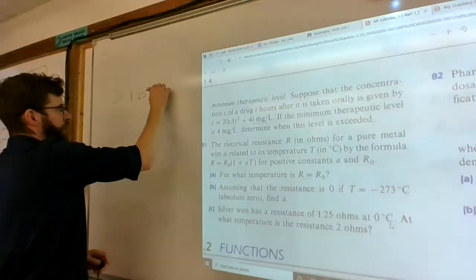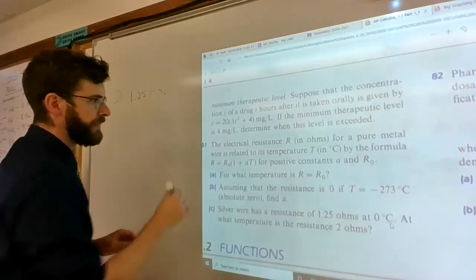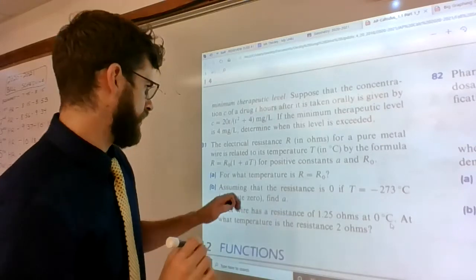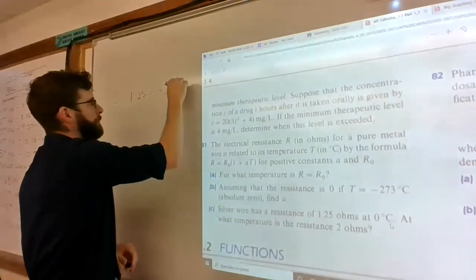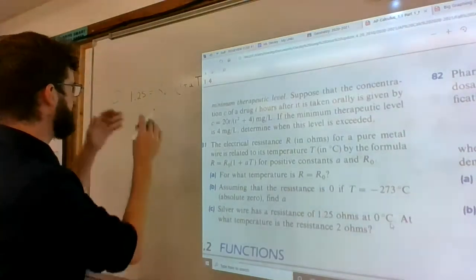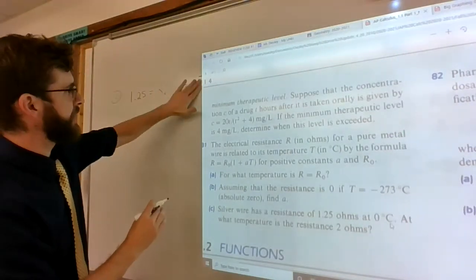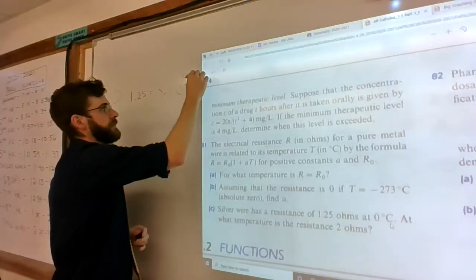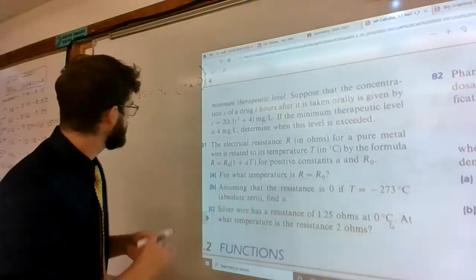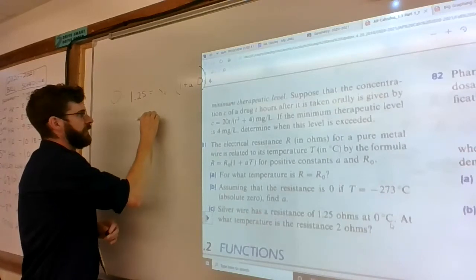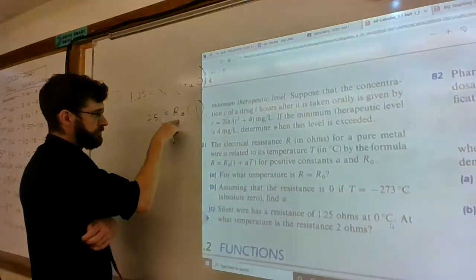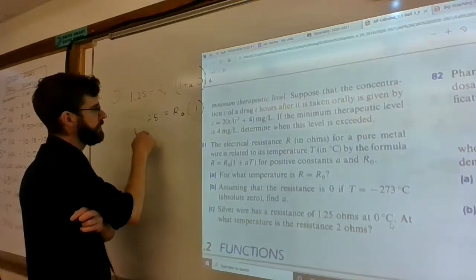We set this equal to R sub 0 times, let's see here, where are we? There we go. 1 plus AT. Now they're saying that this is true if the temperature is 0 degrees Celsius. Which, what this does is it tells us that the initial R value is 1.25.